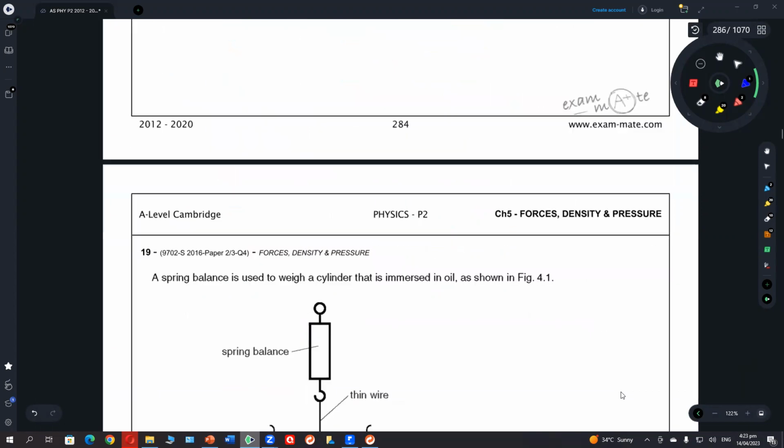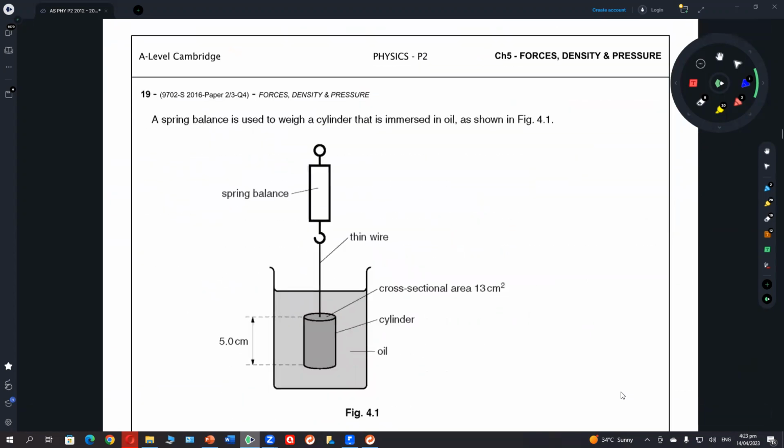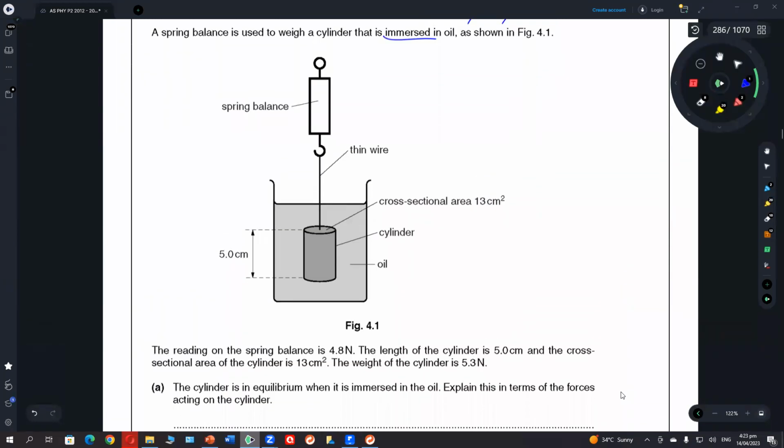A spring balance is used to weigh a cylinder that is immersed in oil, immersed in a liquid.